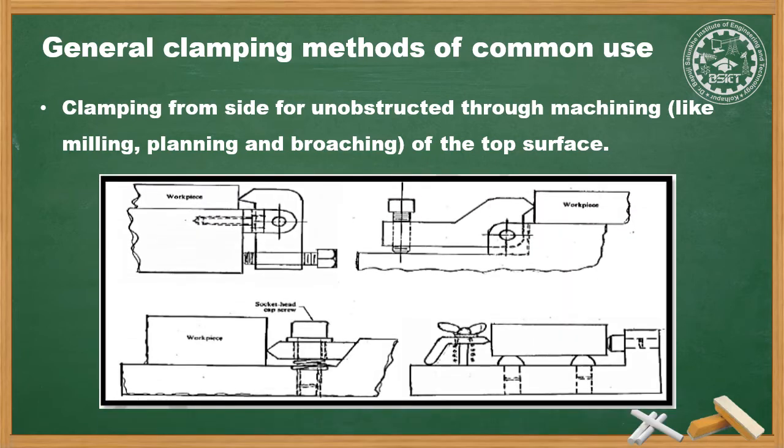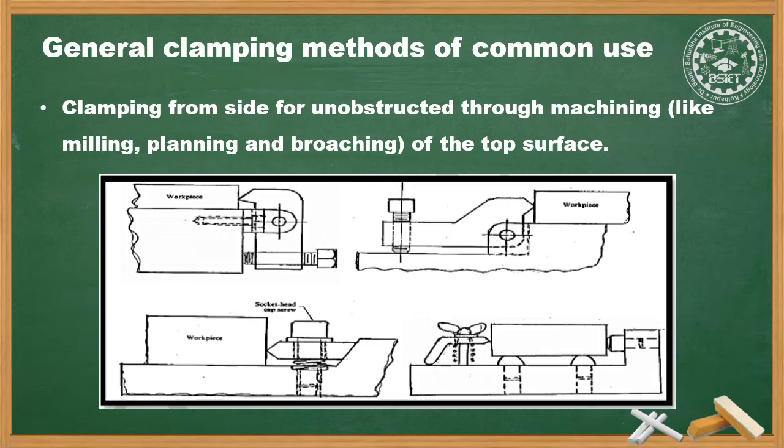The figure shows the clamping of the workpiece from the side, where there is no clamp or disturbance on the top surface, and this type of clamping method can be used for machining in milling, planing and broaching of the top surfaces.